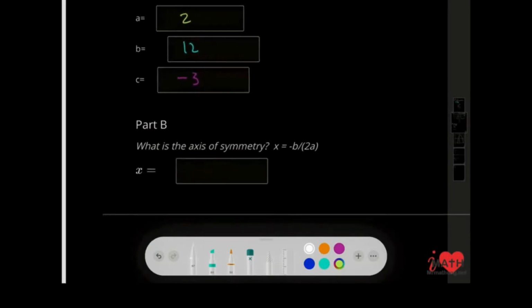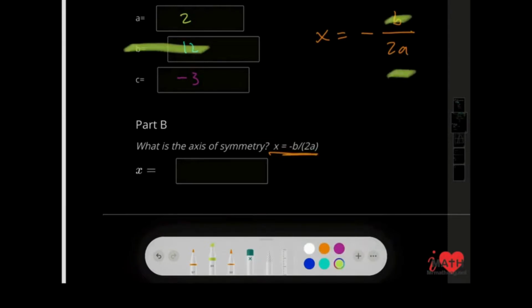Okay, part B, what is the axis of symmetry? So it gives us an equation. Let's just write this equation out: negative b over 2a. So I need the b value right here. So b is 12. And then we're going to use the a value, which is 2. So x equals negative, the b value was 12, and 2 times the a value, which was 2.